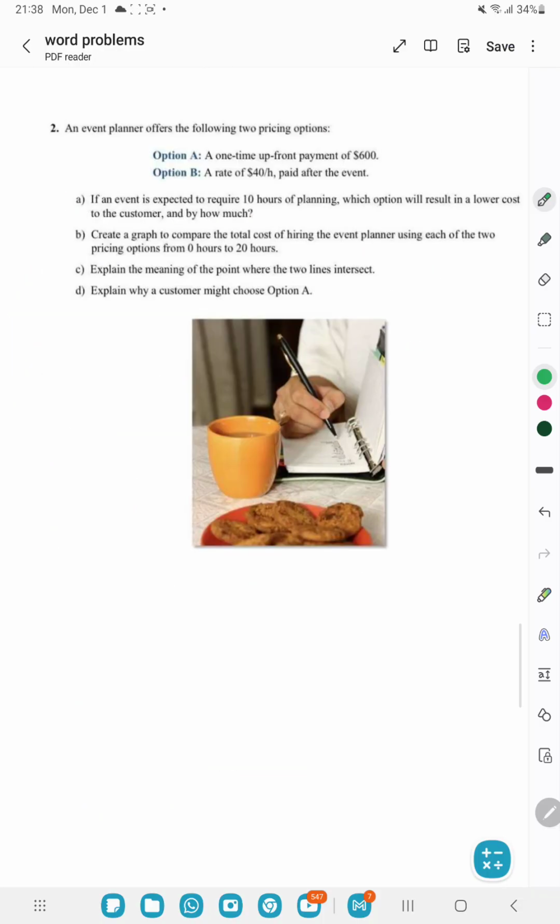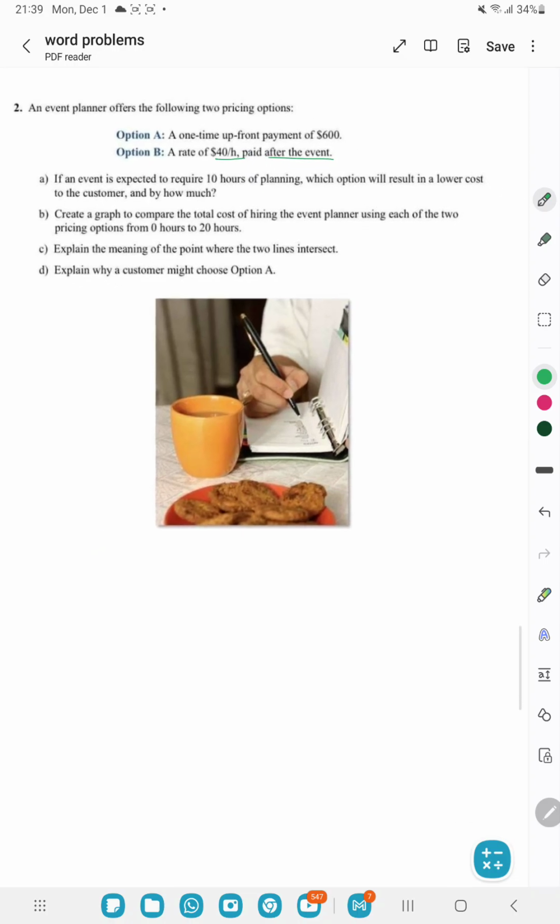Now let's read question number 2. An event planner offers the following 2 pricing options: a one-time upfront payment of $600, or a rate of $40 per hour paid after the event. If an event is expected to require 10 hours of planning, which option will result in a lower cost to the customer and by how much? The one-time upfront payment is $600.